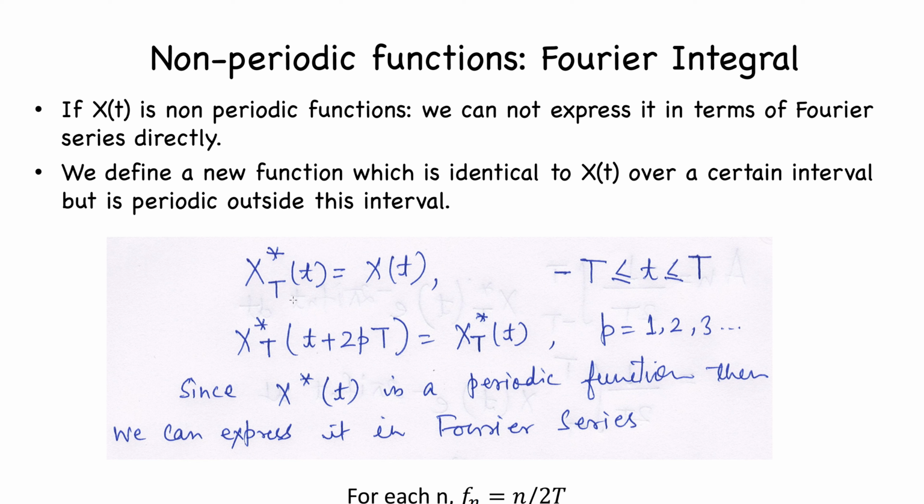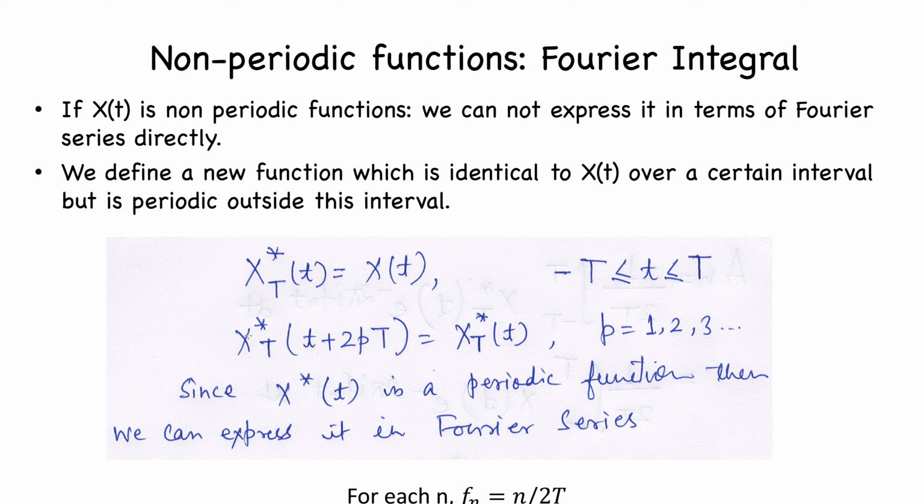So the function is written here as x star capital T of t, which is identical to your original function between minus T to T, and then it is a periodic function.